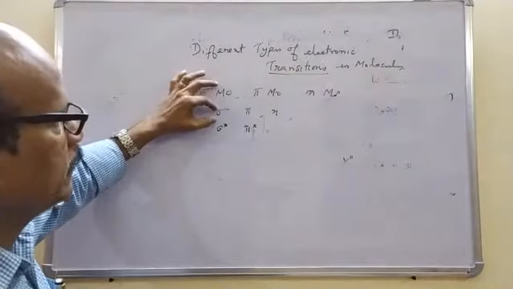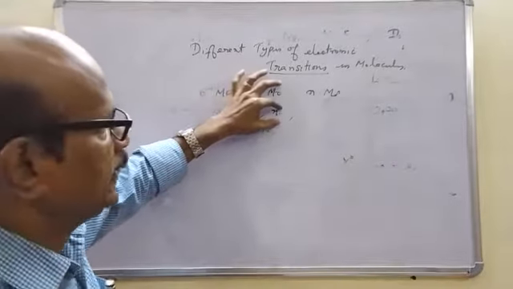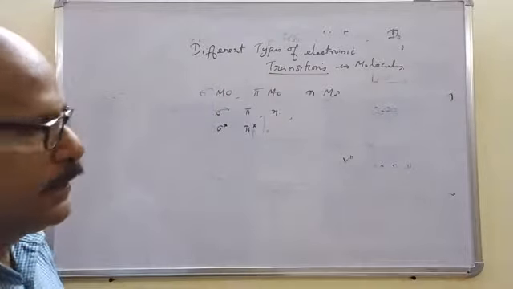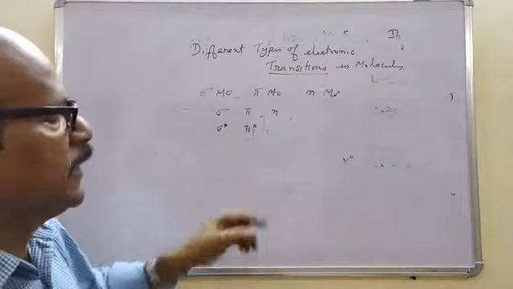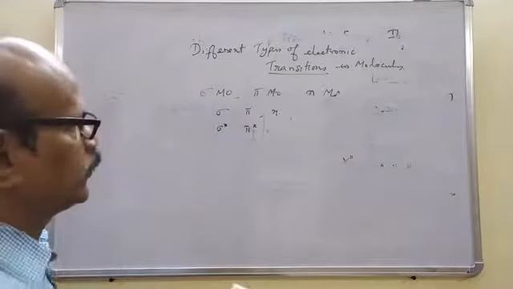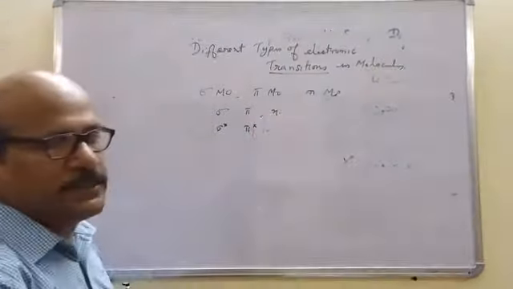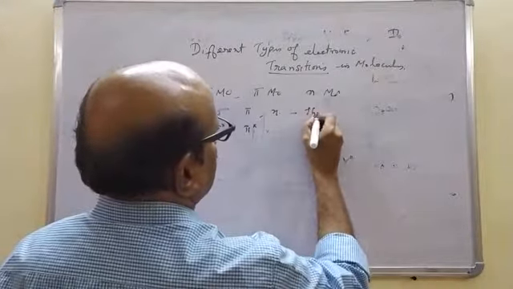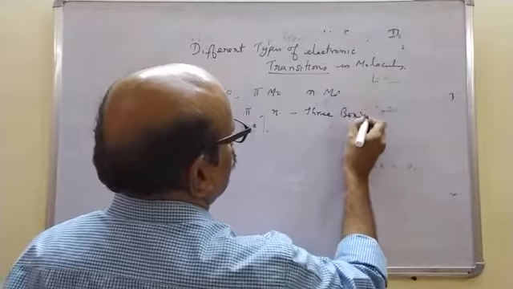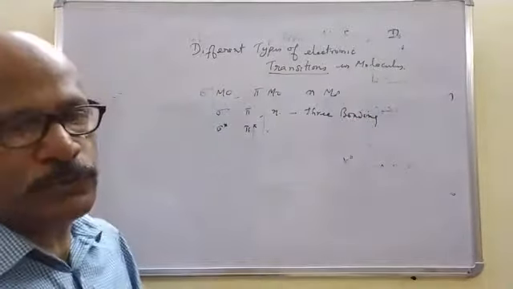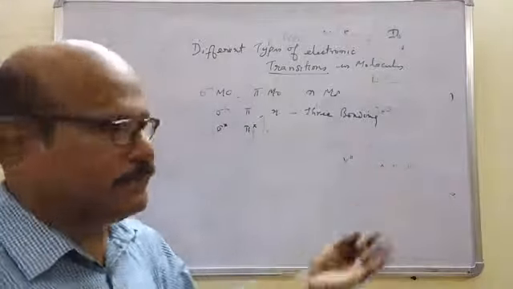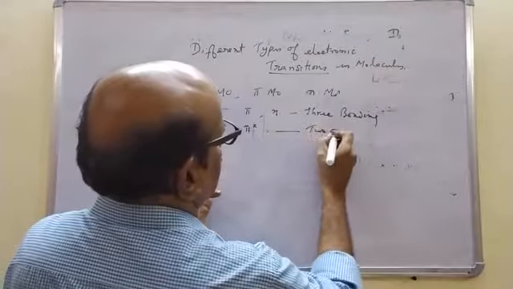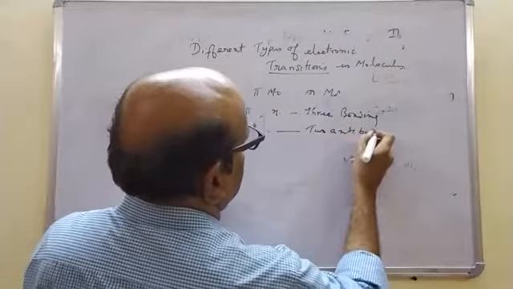That is sigma, pi, n as the 3 bonding molecular orbitals, where usually the electrons in the molecule are filled, and the corresponding sigma star and pi star are the 2 anti-bonding molecular orbitals.